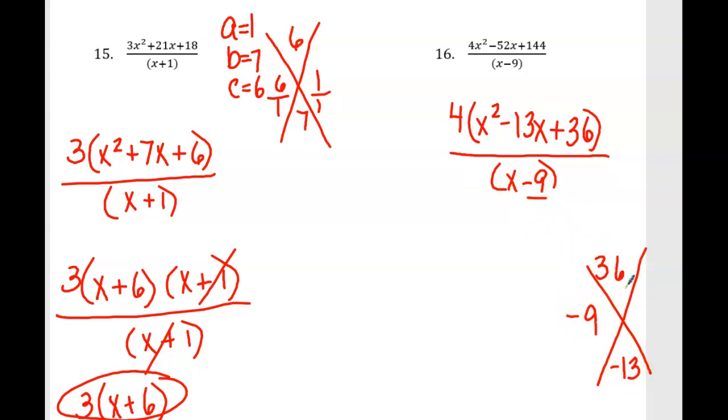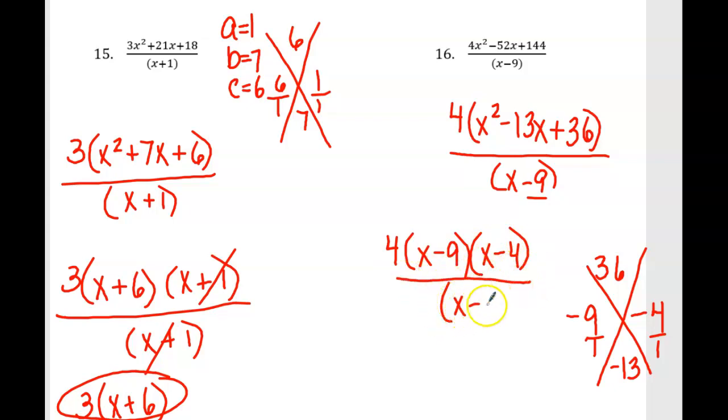So I could say negative 9 times negative 4 is positive 36, and they add together to be negative 13. All right, in this case, we're going to then divide by the leading coefficient, which is 1. So we end up with 4 times x minus 9 times x minus 4 divided by x minus 9. And the x minus 9's cancel out. So we're left with 4 times x minus 4.